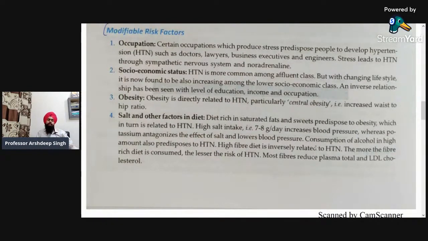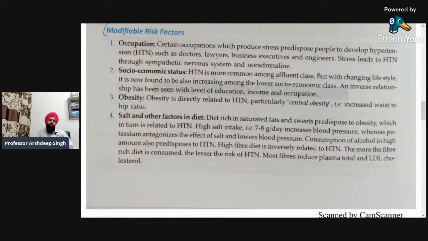Hypertension is more common among the affluent class, but with changing lifestyle, it is now also increasing among the lower socioeconomic class. An inverse relationship has been seen with the level of education, income, and occupation. So we can say that the lower and middle classes are nowadays affected by hypertension in many ways.